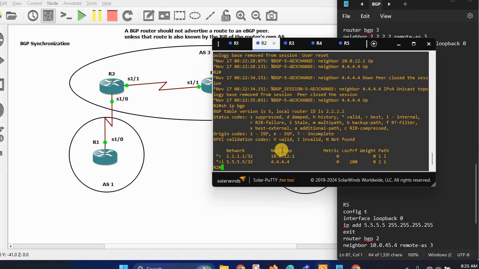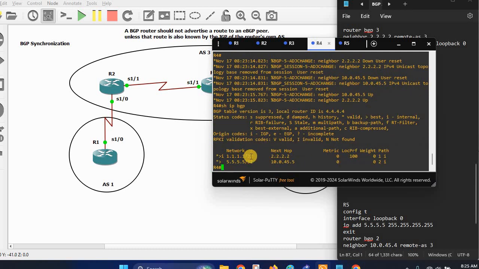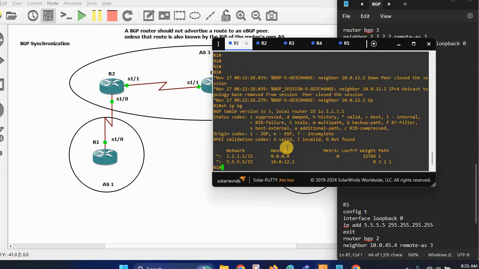So previously this was showing the other IP, now it is only showing the R4 IP. Okay, now if you see here, show IP BGP, here it is showing the R2 IP. Okay, so now we'll get the best path.